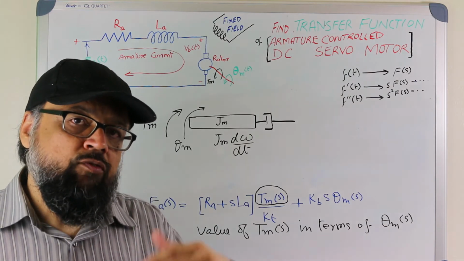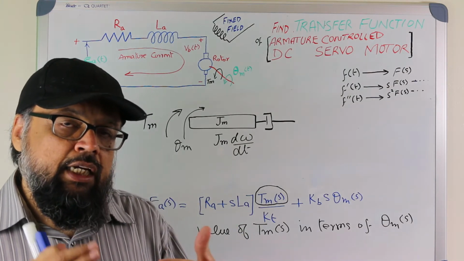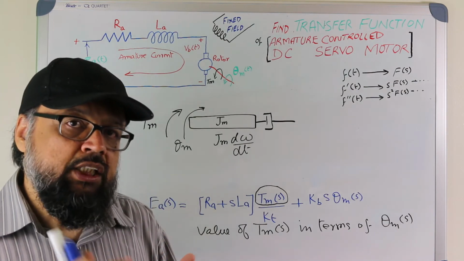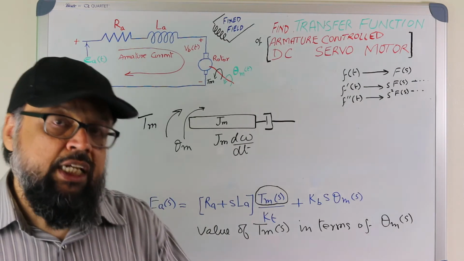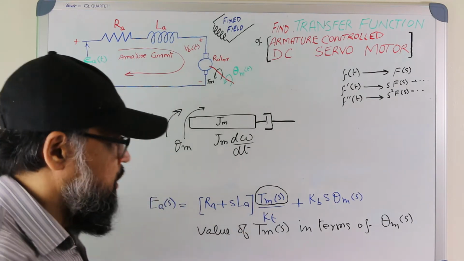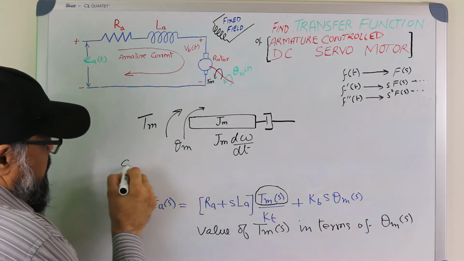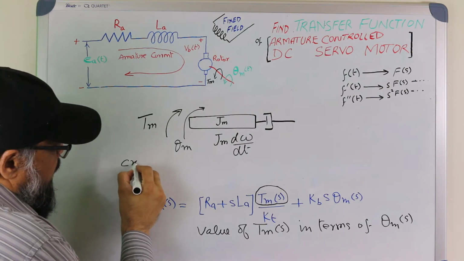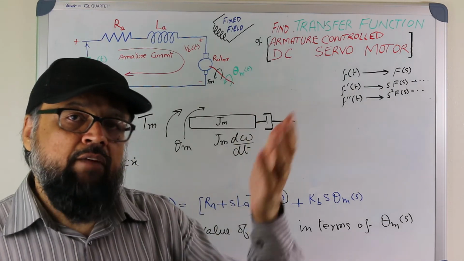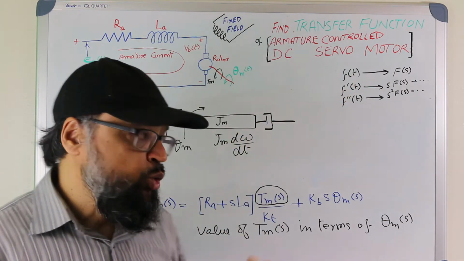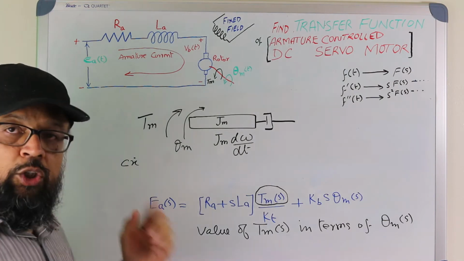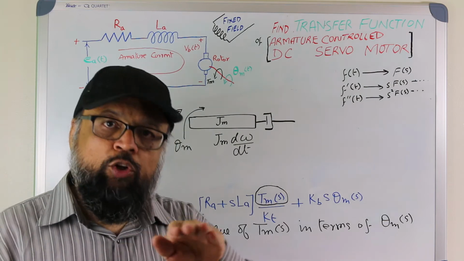Because whenever there is a velocity, the friction to that velocity is called damping or the viscous damping. And as in the linear motion, we have the formula damping coefficient into x dot. This is the formula which we already used when we were deriving the mass spring damper system.